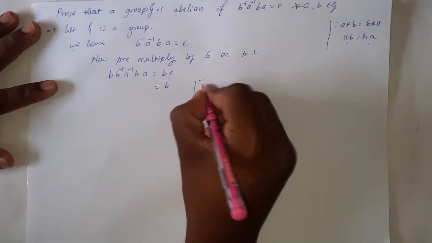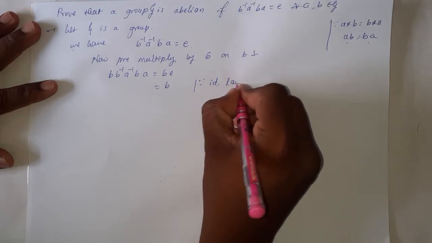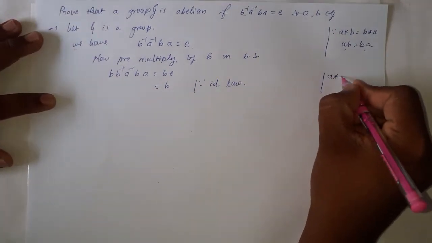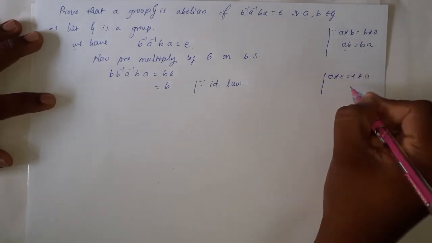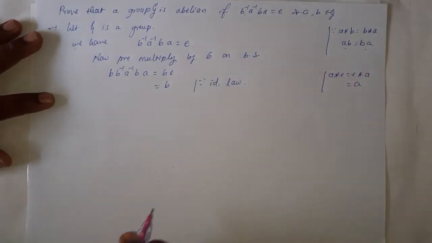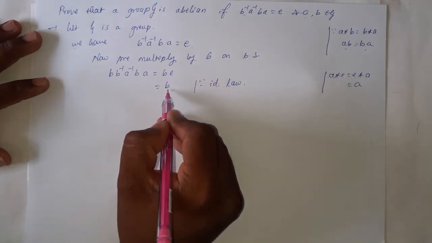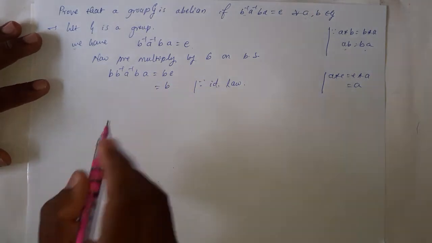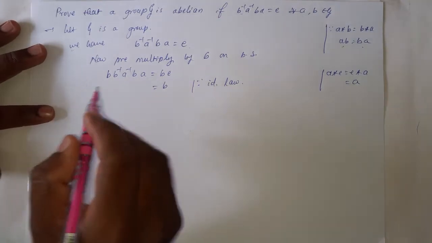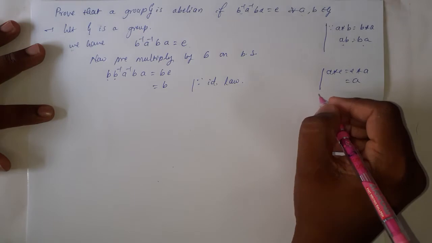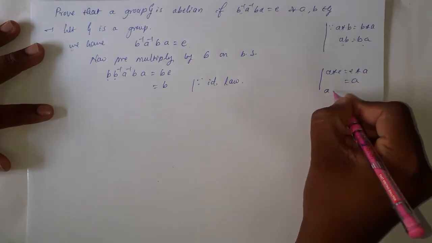This is by using the identity law, because in identity law we said that A star E is equal to E star A is equal to A itself. So therefore here we are multiplying B by the identity element E, meaning the element B itself. So now on LHS we have B and B inverse. By using the inverse property, what is that inverse property?